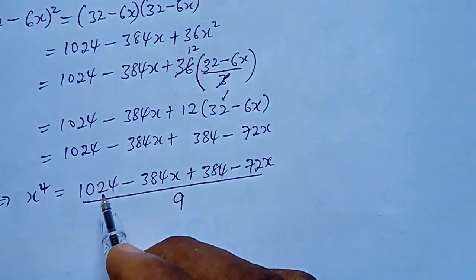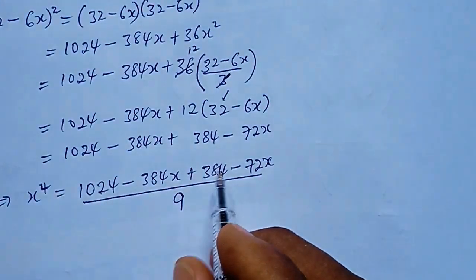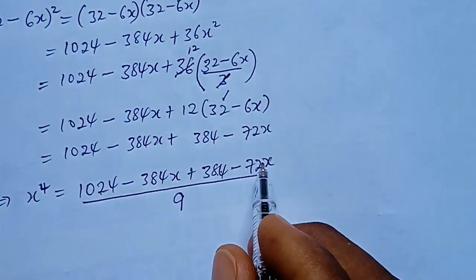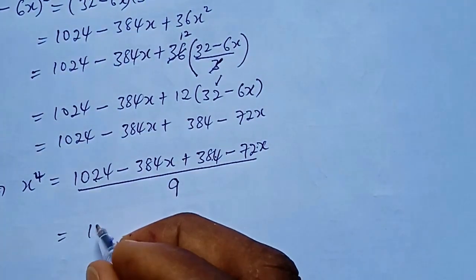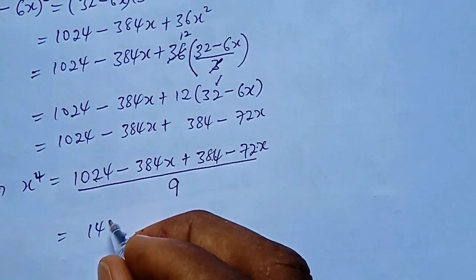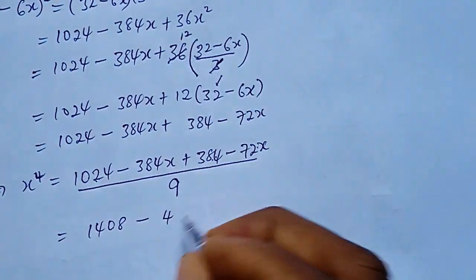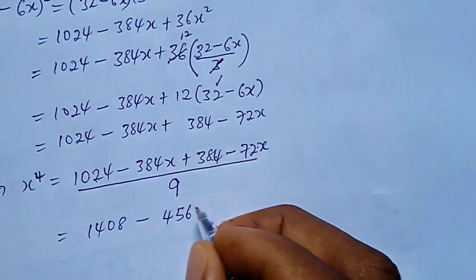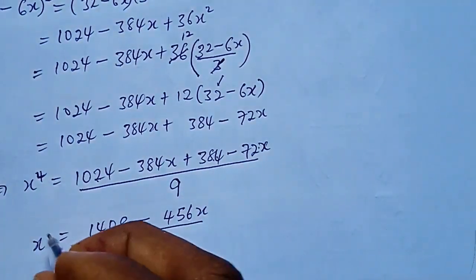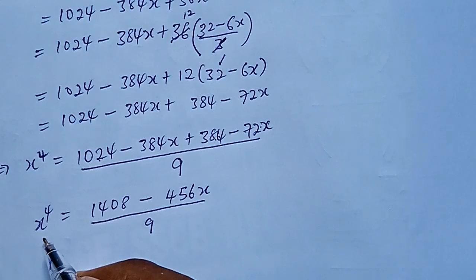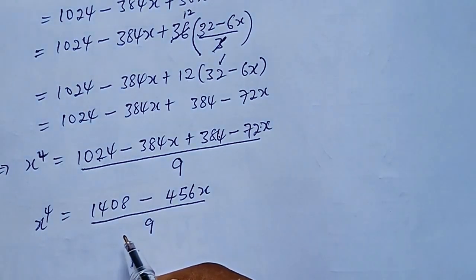So we add these terms together and simplify likewise, and the expression now becomes 1408 minus 456x over 9, which is our x raised to power 4.